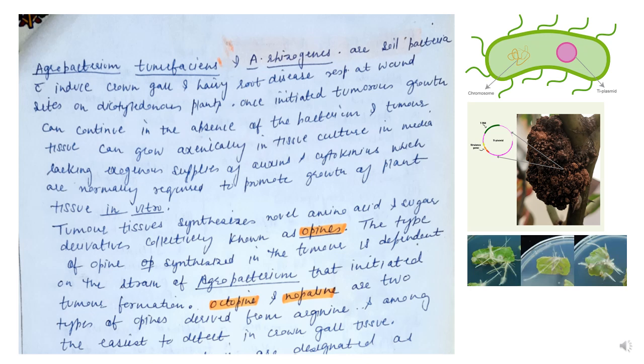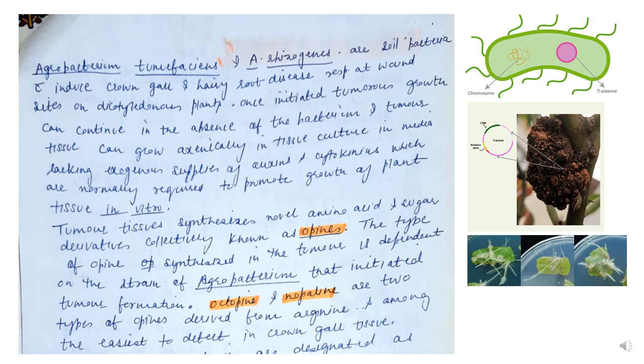Here you can see in the picture, the first picture is of Agrobacterium tumefaciens, which is showing a Ti plasmid, pink color Ti plasmid. This Ti plasmid has a region called tDNA which gets integrated into the host plant when the bacterium infects the host plant and causes tumor.